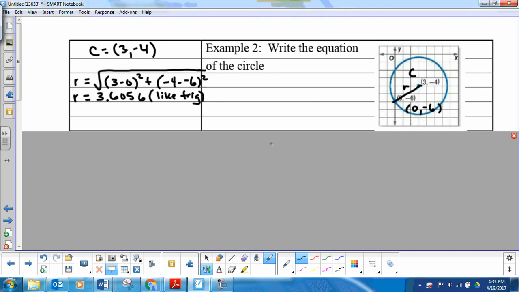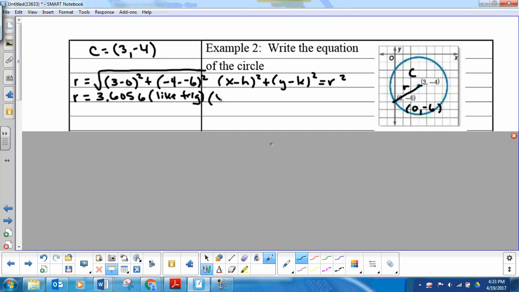So we've got our center point, we've got our radius. Let's rewrite the equation of a circle: (x − h)² + (y − k)² = r². As I've mentioned several times, this is nothing more than a substitution process. It's just important that you substitute the information exactly the way it looks.